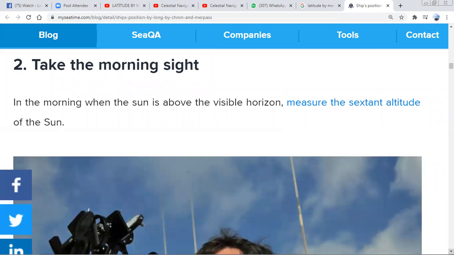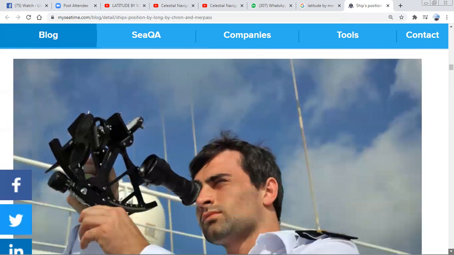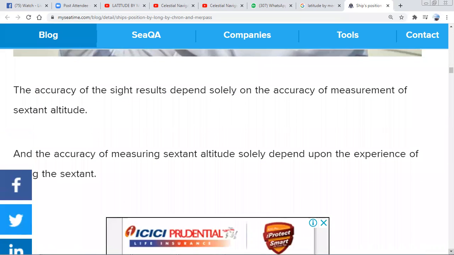Now we take a sight in the morning when the sun is above the visible horizon. Of course, we must see the sun, and only then can we take the sight and measure the sextant altitude of the sun. The more accurate the sight, which will depend on your rolling and everything, the better our result will be.